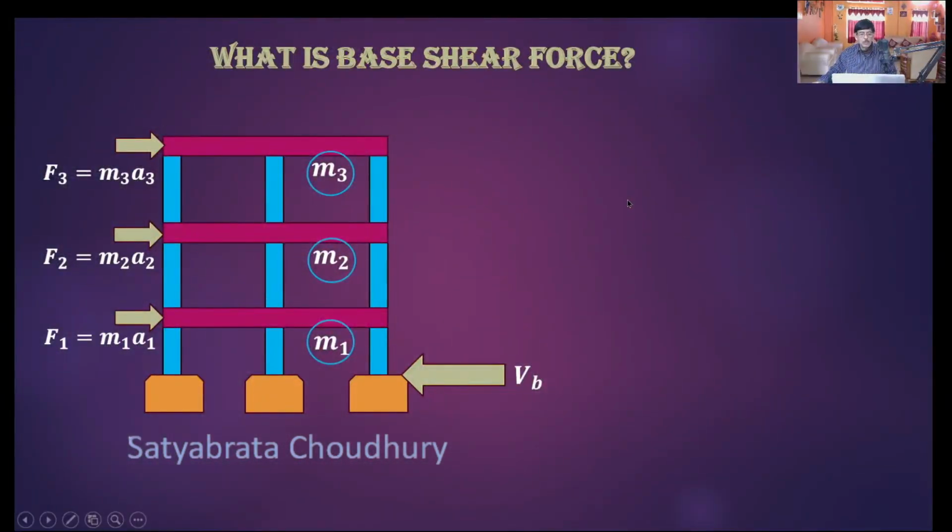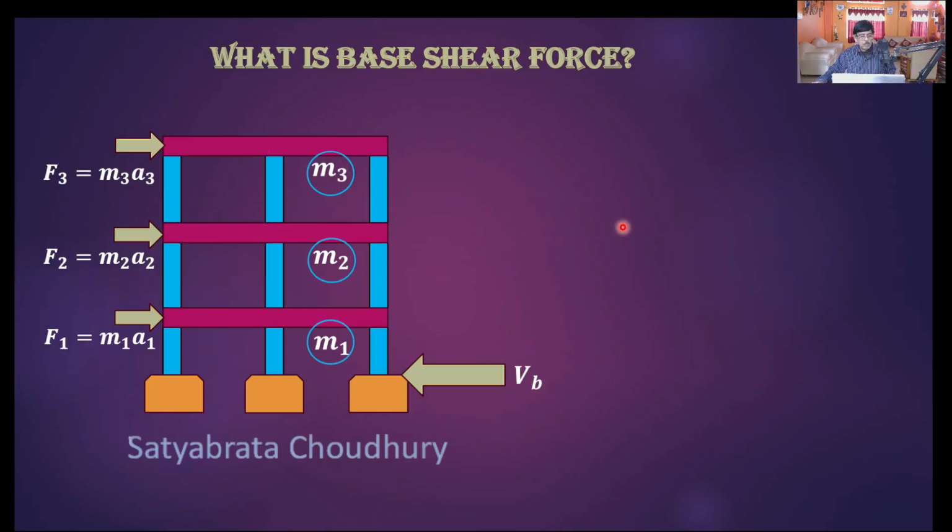Now let us go to a new subtopic, the base shear genesis. What is the genesis of base shear? Let us try to understand. We have taken a three-story building here, with masses M1, M2, M3 on the three floors upwards, and the accelerations suffered by the masses are A1, A2, A3.